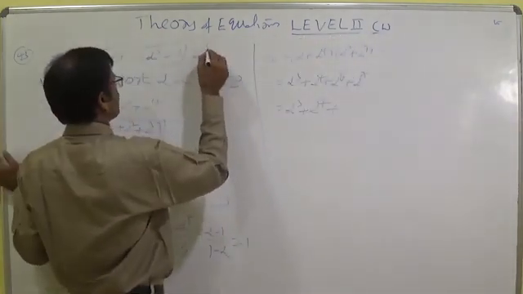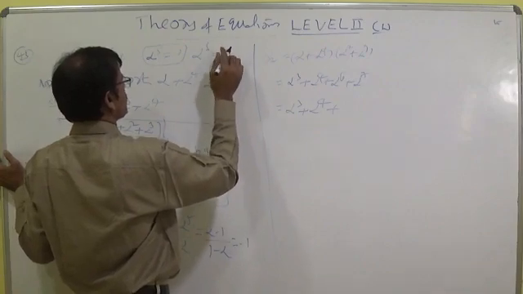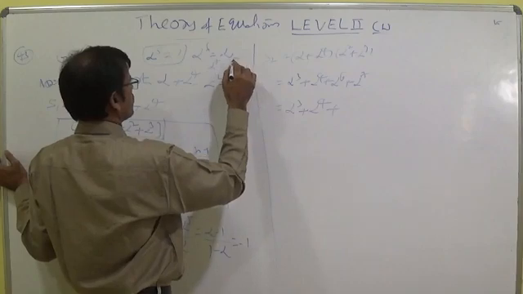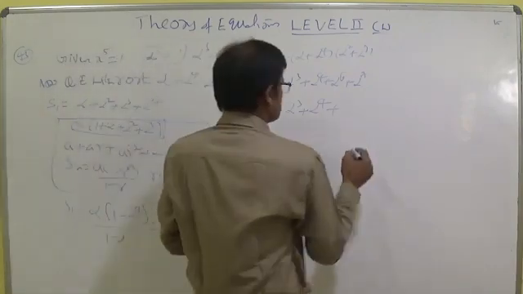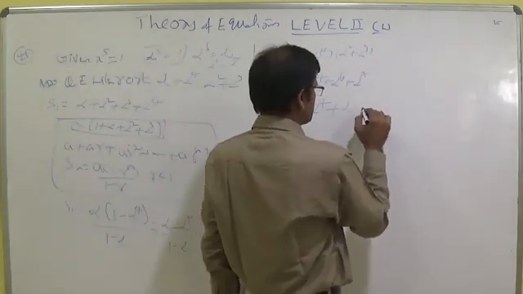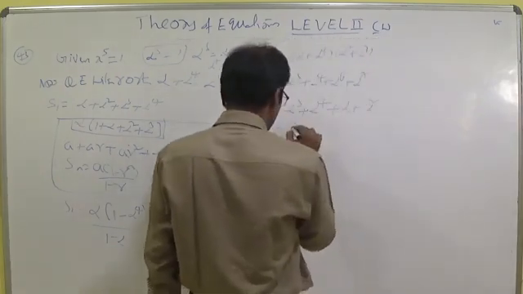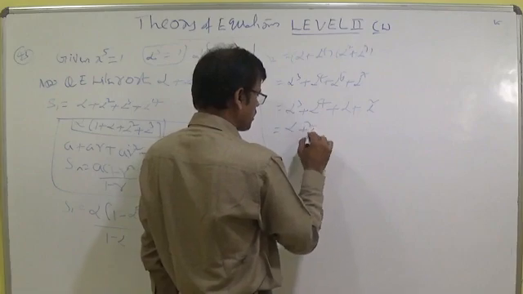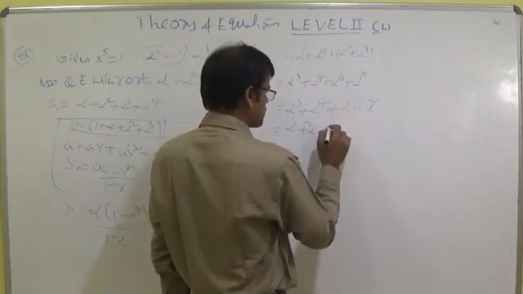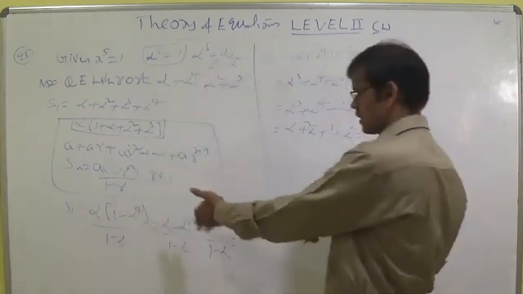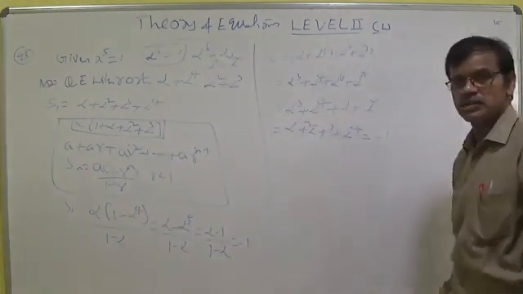Multiply with alpha both sides, you get alpha power 6 is equal to alpha. In the similar way, alpha power 7 is equal to alpha square. So in order you get alpha plus alpha square plus alpha cube plus alpha power 4. That we have already calculated, the value is minus 1.